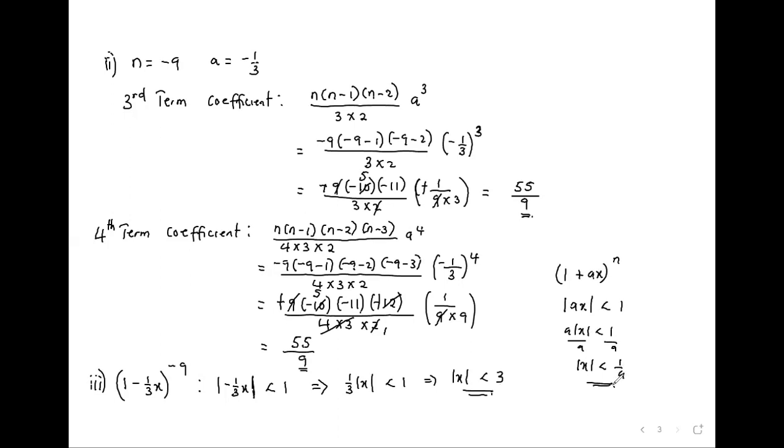Now when a is known, it was negative, but the modulus is meant to make any negative number positive. So negative 1 over 3 has become positive 1 over 3. Modulus of x less than 1 over 3, cross multiply, and you get the modulus of x less than 3. That's all.